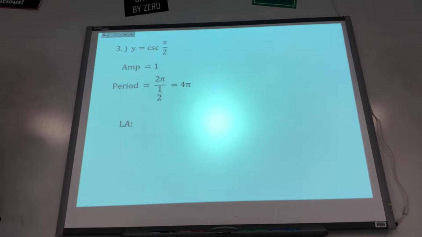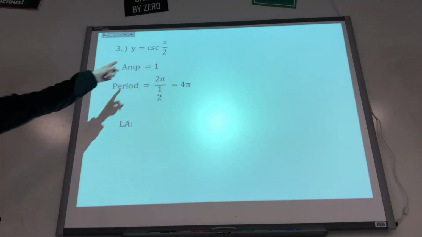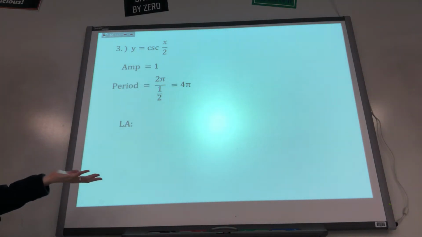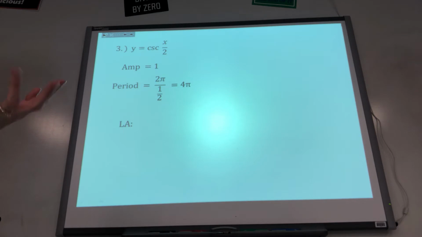So now I have to take the old stuff and divide them by b. This is cosecant, by the way. So where was the left asymptote for cosecant? 0. If you go back to the parent graph, left asymptote was at 0. Divide that by b and you still get 0.